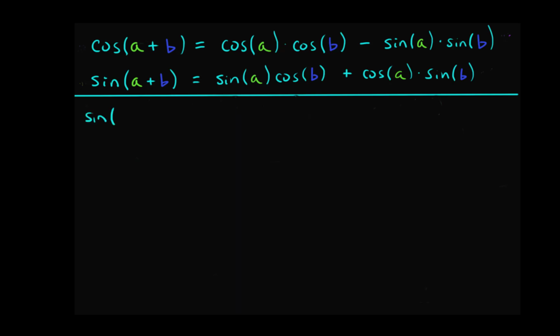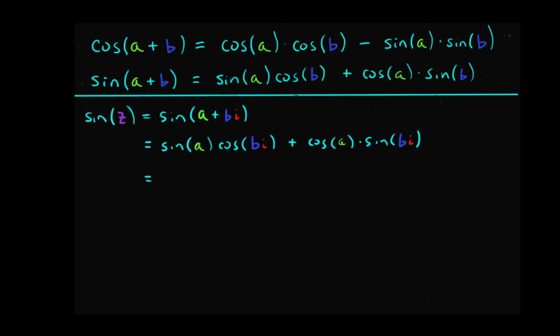So here we go. Sine of z would equal sine of a plus bi, close parenthesis. And we have our sum of angles formula for the sine up there. Sine of a plus bi would equal sine of a times cosine of bi plus cosine of a times sine of bi.